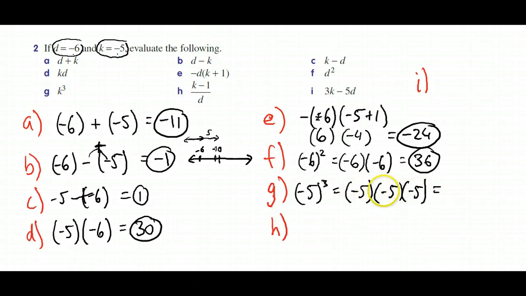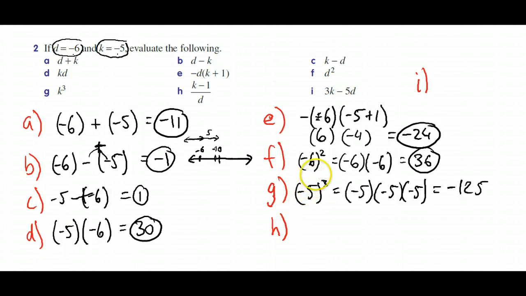A negative times a negative is a positive, but then multiplied by another negative, it's now a positive times a negative, that's a negative. The other way to work it out is if you've got a negative number and it's squared, if the power is an even number, then it's always going to come out to be positive. If you've got a negative number and the power is an odd number, it's always going to be negative.